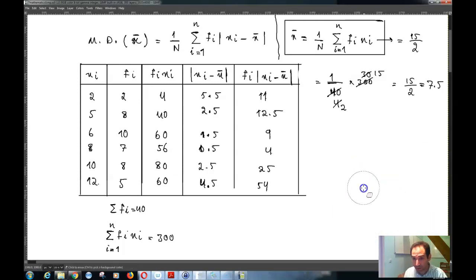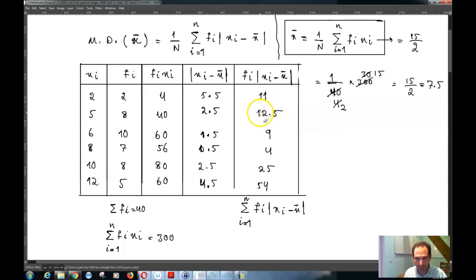So that's basically this part. And then you need to calculate sigma f of i times the absolute value of x of i minus x bar, as i goes from 1 to n, right? Which is the sum of all of these numbers.